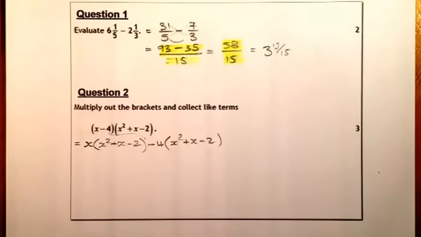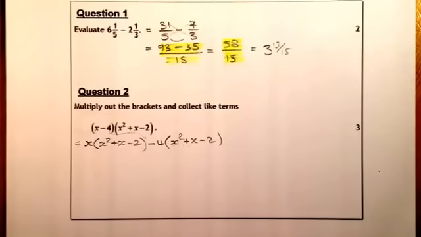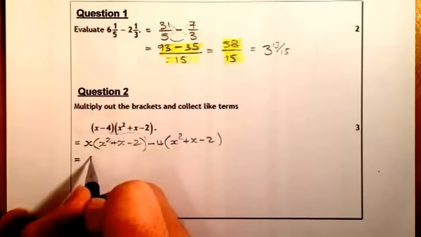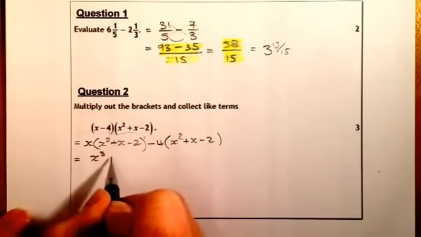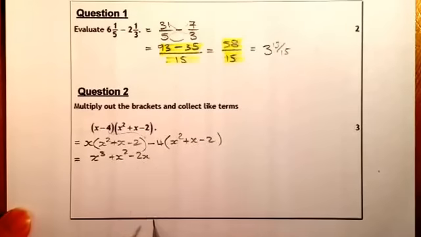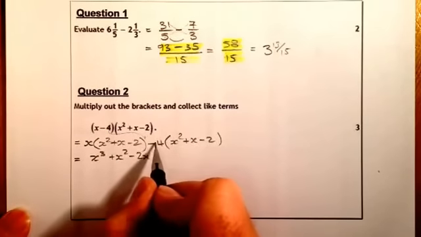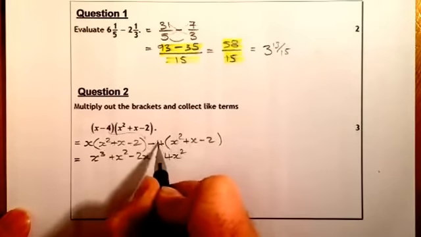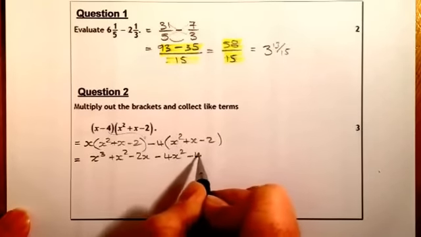Right, now I've just got single brackets to multiply out and gather up. Multiplying this one out, I've got x cubed plus x squared minus 2x. That'll be my first mark. Minus 4 times x squared will be minus 4x squared. Minus 4 times x will give me minus 4x.